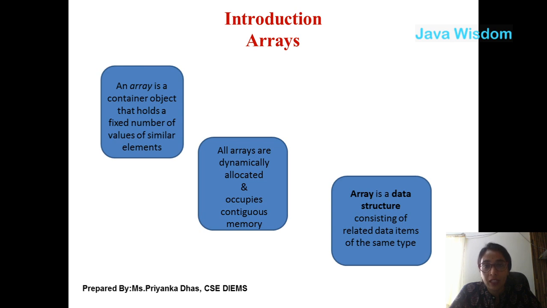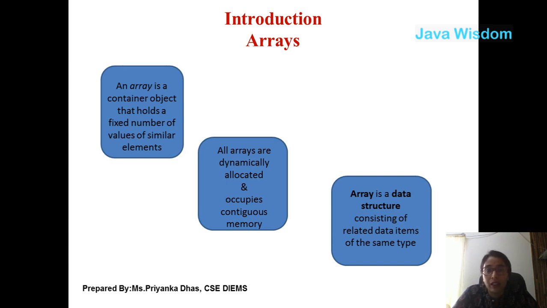So an array is a container object which holds a fixed number of values of similar elements. Second point, arrays get dynamic memory allocation in Java. This concept I will show you at the time of declaration of an array in the next slides.